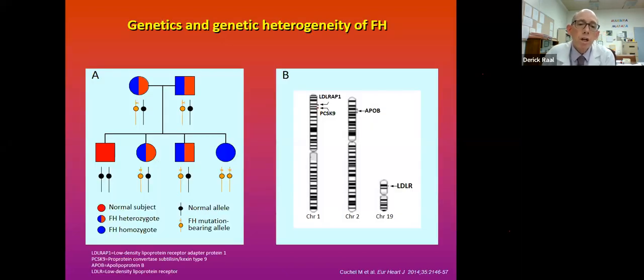We know a lot about the genetics now. The vast majority of patients with familial hypercholesterolemia, over 95%, have a mutation in the LDL receptor, but it can be due to mutations in ApoB, which is the carrier protein of LDL, or, more rarely, gain-of-function mutations in PCSK9.